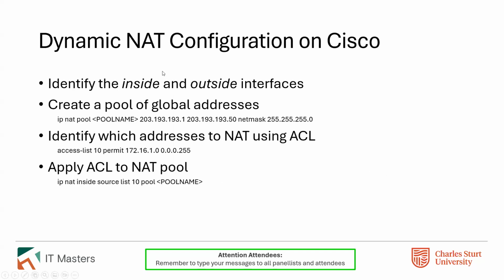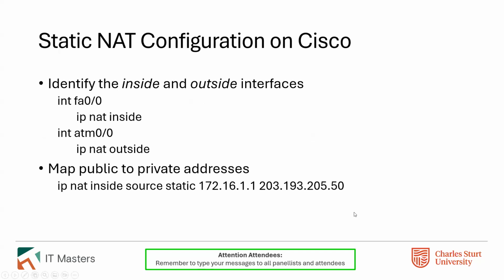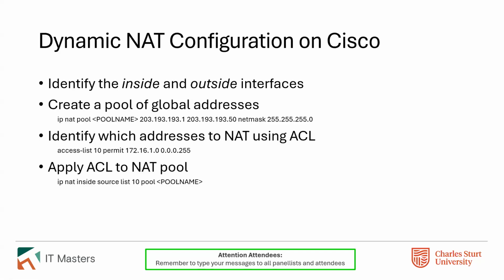So another way you can do it is with dynamic addressing. You can create a pool of addresses. Instead of the previous command, which was ip nat inside source, you can instead do ip nat pool and then give it a name, something that's meaningful to you. And then you can define an address range.